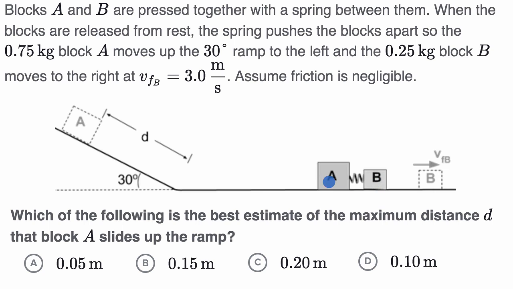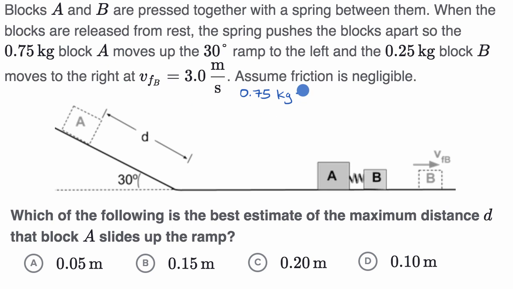We know that after releasing, A's momentum plus B's momentum should add up to 0, because the sum of their momentums was 0 when they were at rest together, when they were compressed. So the momentum for A is going to be A's mass, 0.75 kilograms, times its velocity.